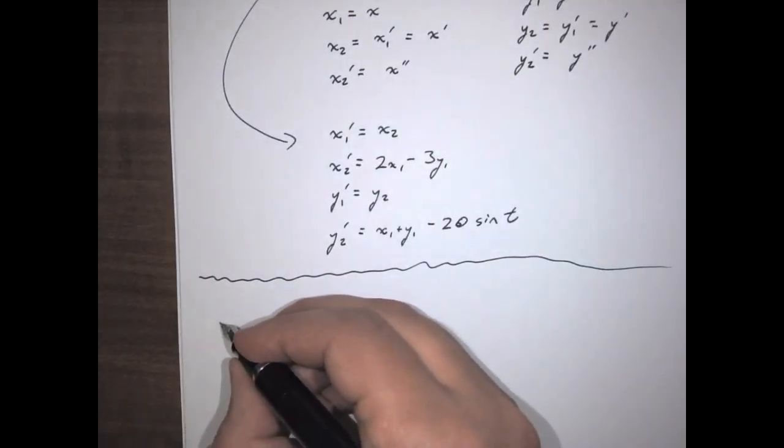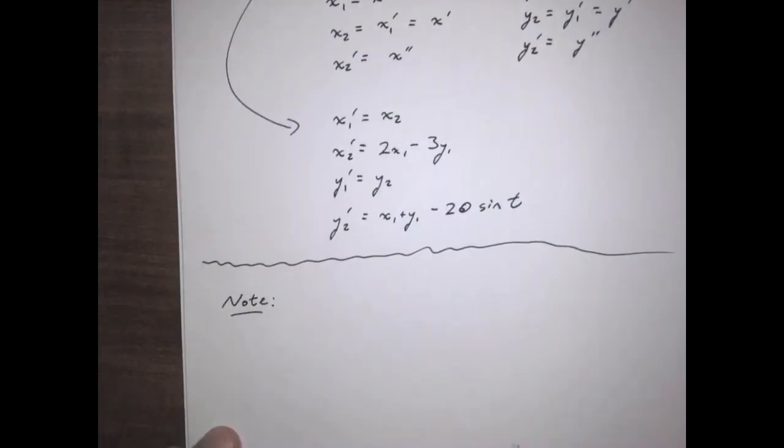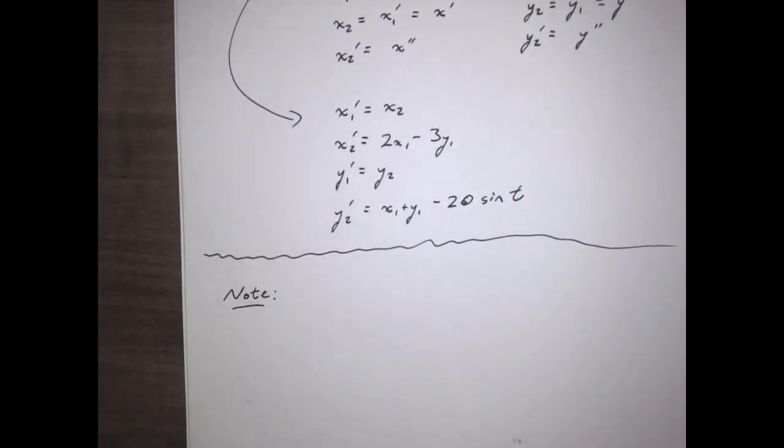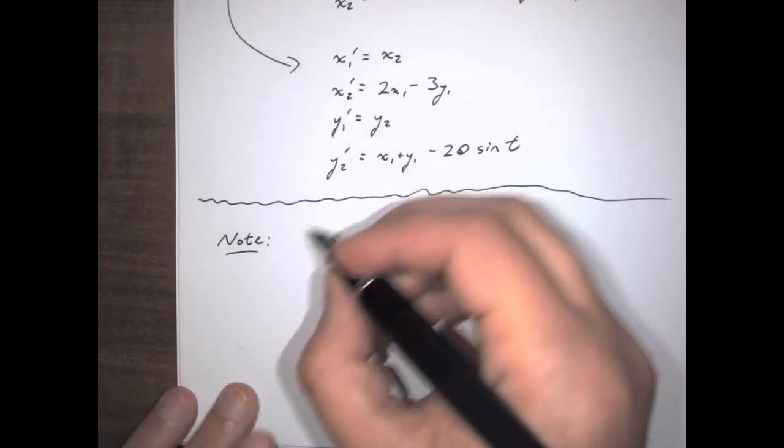Now, one last task here is that we can actually, if we want, convert backwards. We can convert from a system into a higher order differential equation if we wish.